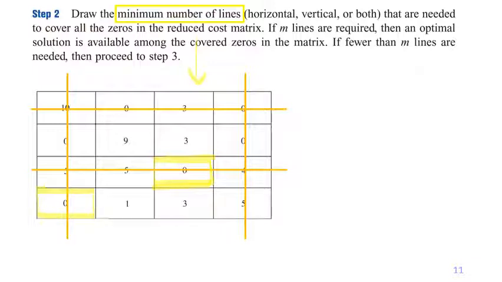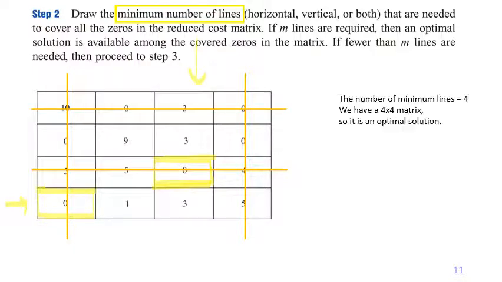So we should give machine 4 job 1, because in this row we only have 1 zero. A 0 is like the best pair of machine and job. So if a row only has 1 zero, then we must give that to the corresponding machine and job.